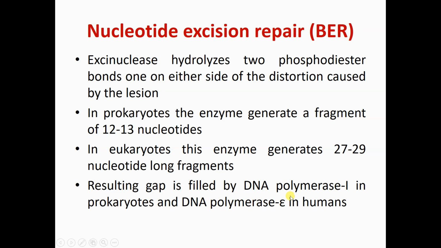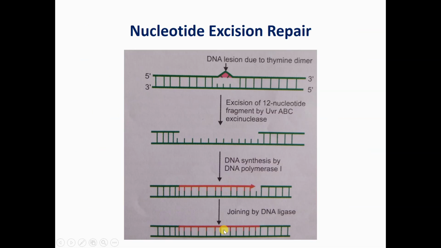This gap is filled by DNA polymerase 1 in prokaryotes, that is a DNA repair enzyme, and DNA polymerase epsilon in humans, and the nick is sealed by the DNA ligase enzyme. So DNA can be repaired.